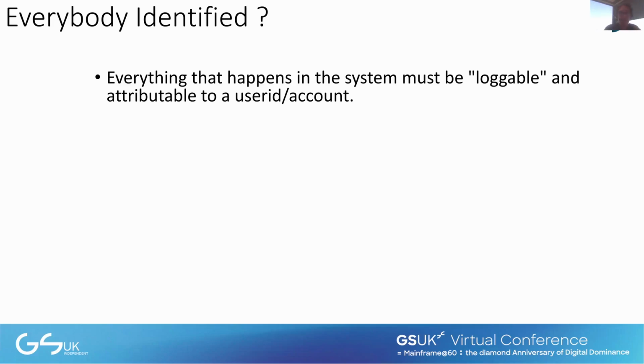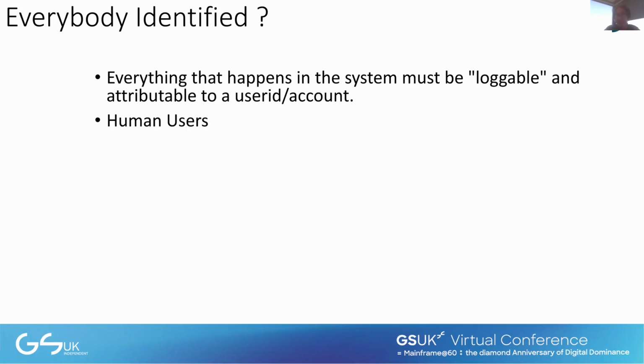But the idea is that everyone and everything that happens should be accountable. The big one there, obviously, is the classic case of one CICS group somewhere, and there are 20 people that manage CICS, and they all use the same user ID to log on and manage CICS. It's very rare nowadays, but we saw that a lot in the early 2000s, where traditionally there was one admin user for CICS. Maybe you've seen that kind of thing.